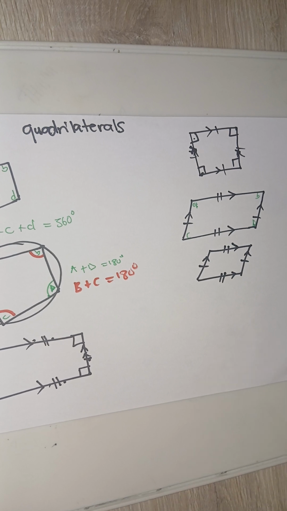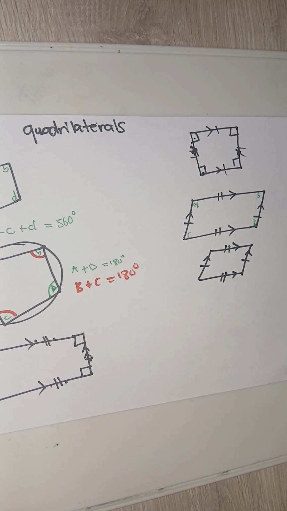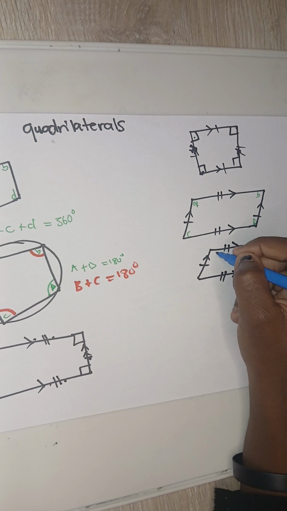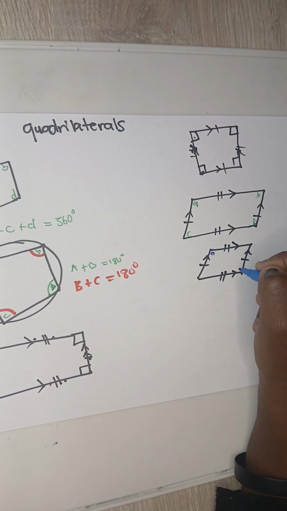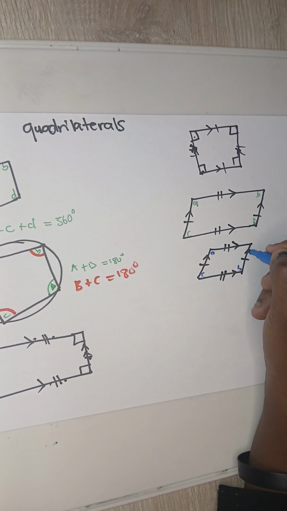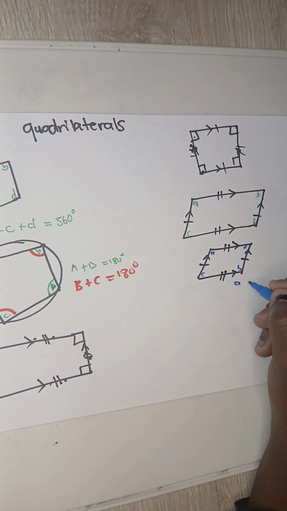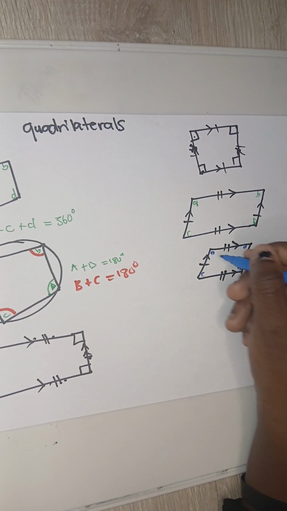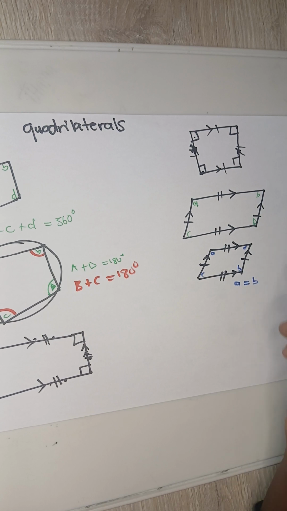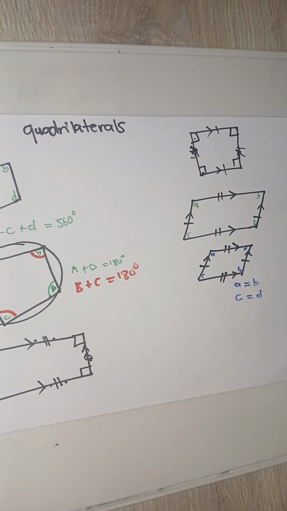And again, even this one, if this is A, this is B, this is C, and this is D, A is equal to B. The opposite lines are equal. C is equal to D. It's not writing very well, but I hope you can see it.